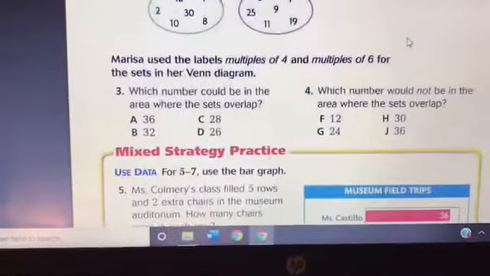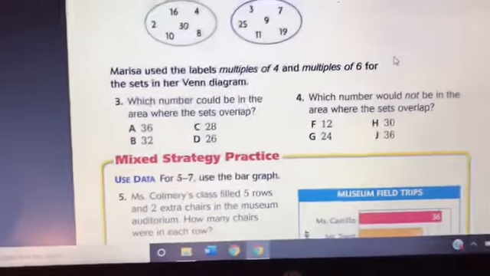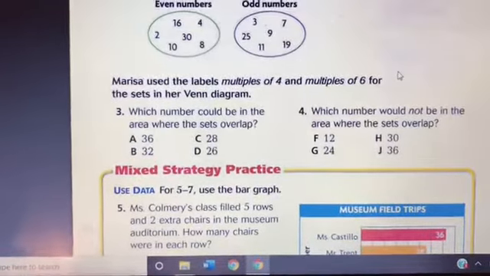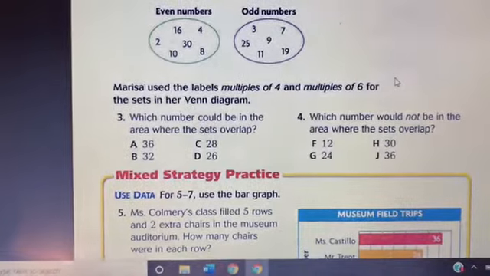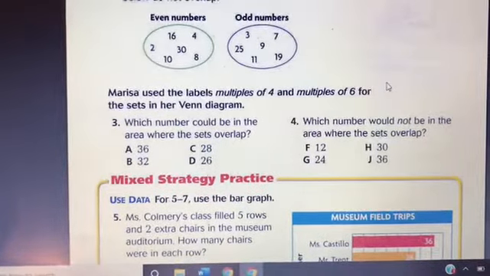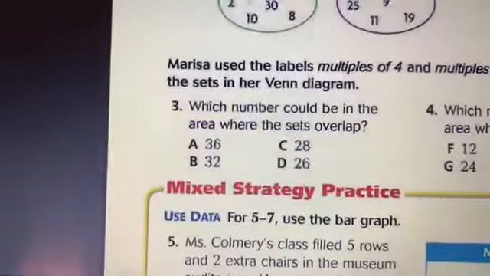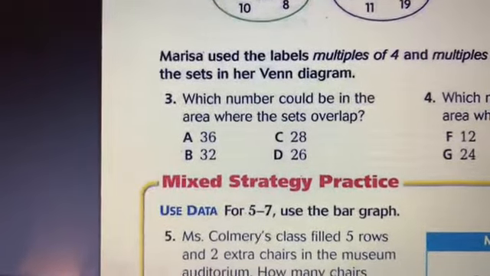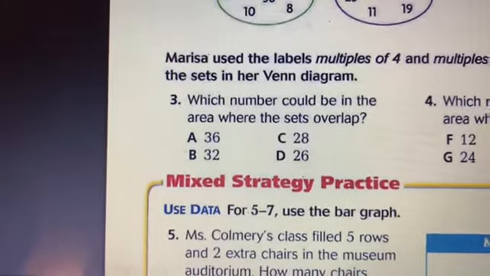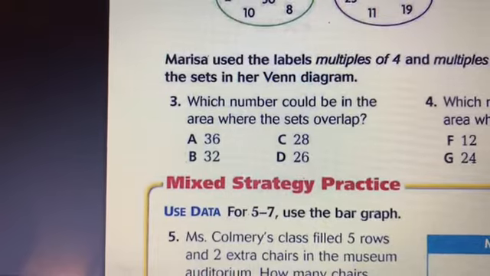Let's keep on going. These ones say, Marissa used the labels multiples of 4 and multiples of 6 for the sets in her Venn diagram. Number 3 says, which number could be in an area where the sets overlap?